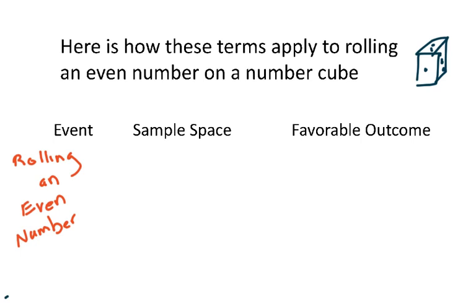Your sample space, remember, is all possible outcomes. So if we're rolling on a number cube, we could roll a 1, a 2, a 3, a 4, a 5, or a 6. And then your favorable outcome would be the even numbers that you could roll. That would be if we rolled a 2, a 4, or a 6.